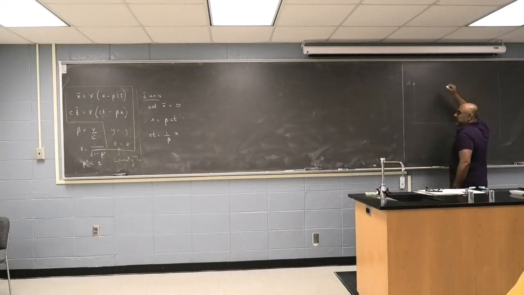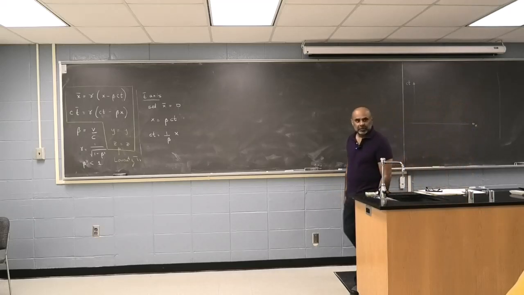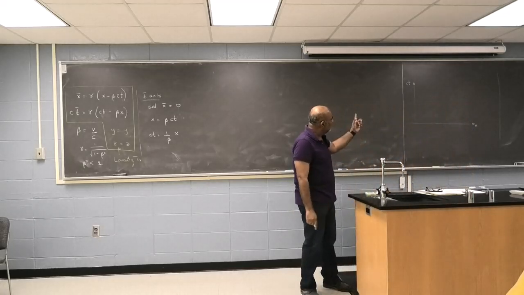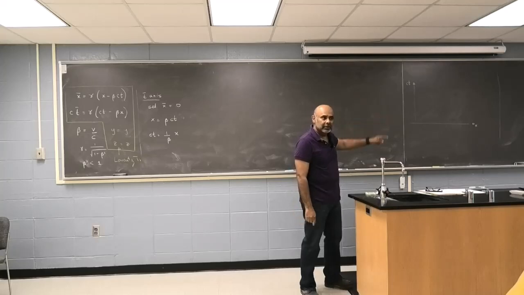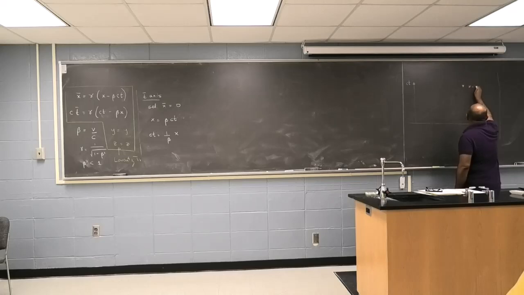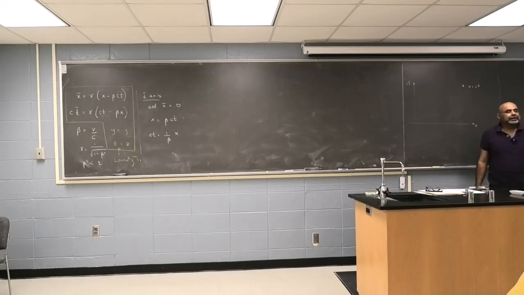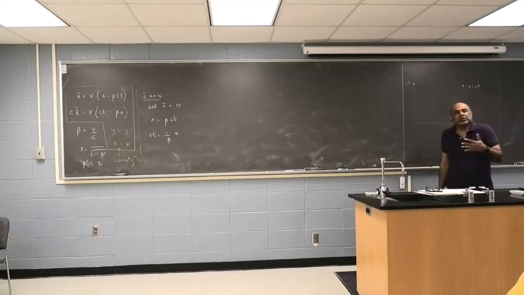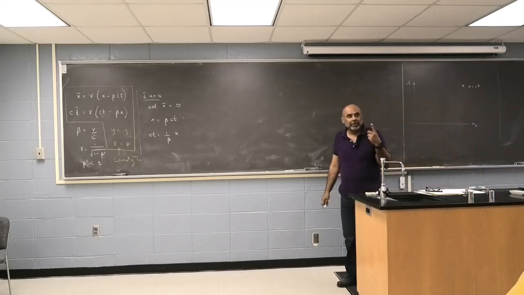Slope equals 1. What does that mean? x equals ct, like slope. First of all, what is this line? What is it showing in space-time?